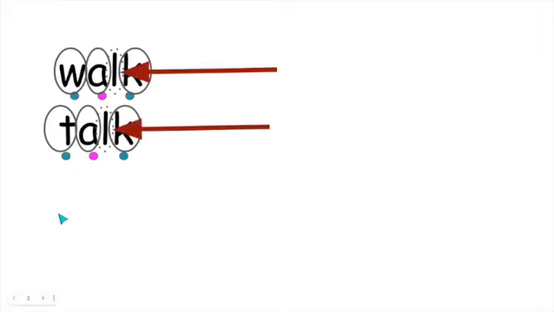W, a, k. I don't seem to hear the letter L making a sound. And the similar thing is happening in the word talk. This leads us to wonder, what exactly is that letter L doing in there anyway?